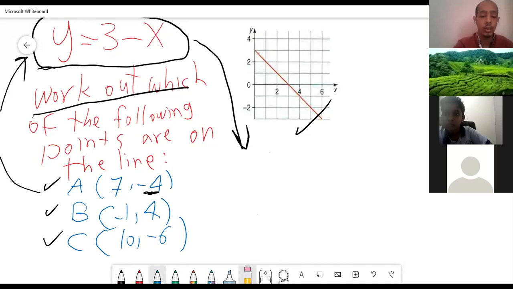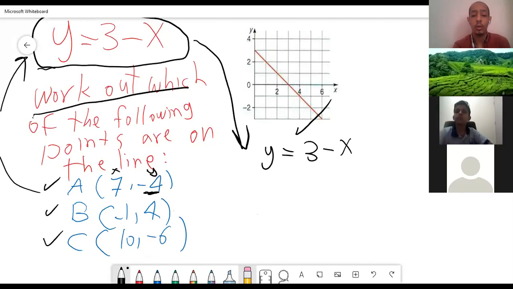Now let's bring the function down here: y equals 3 minus x. Now we have x, we have y. I'm going to put the value of x instead of x, and substitute the value of y in y.